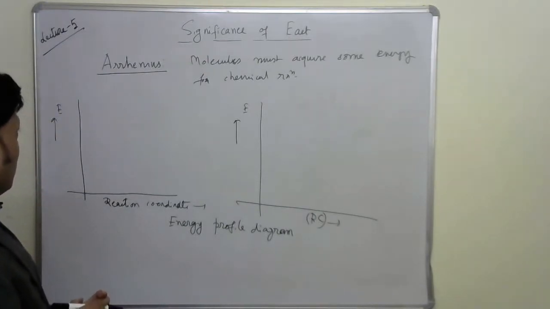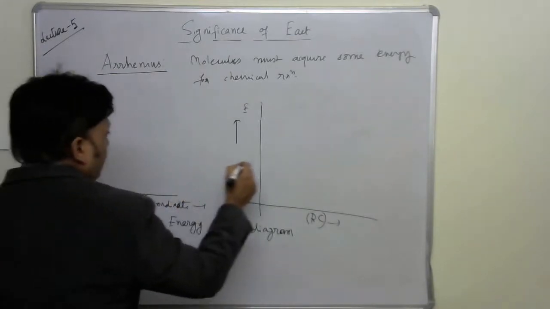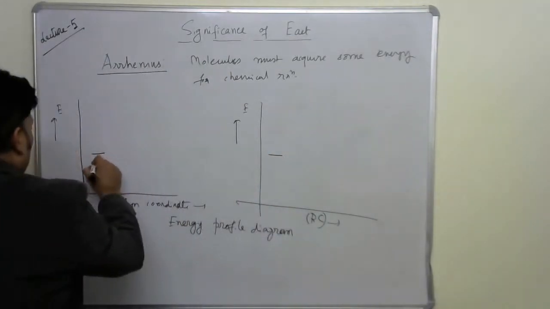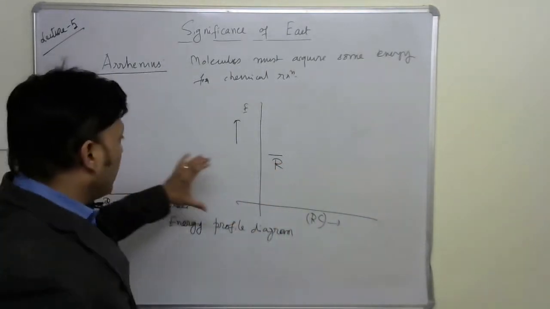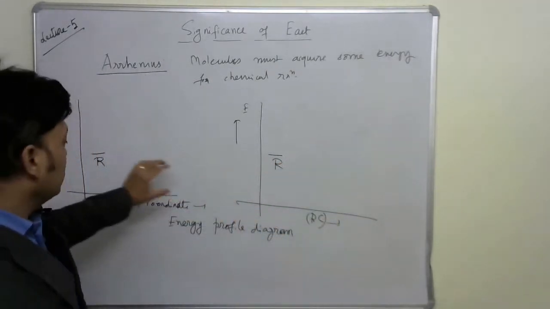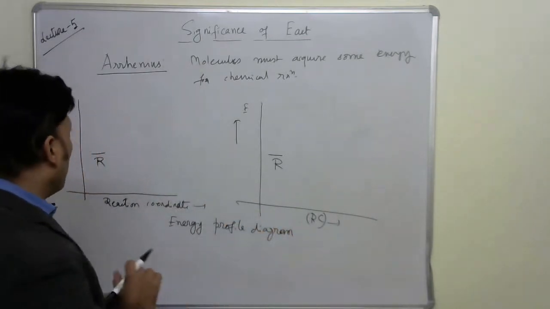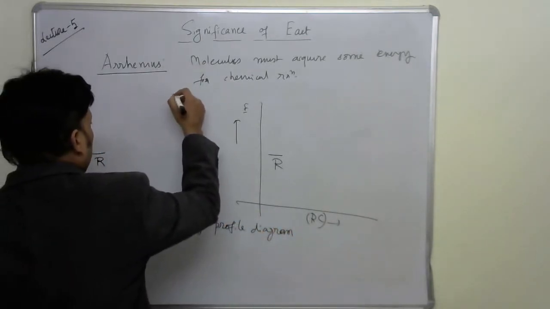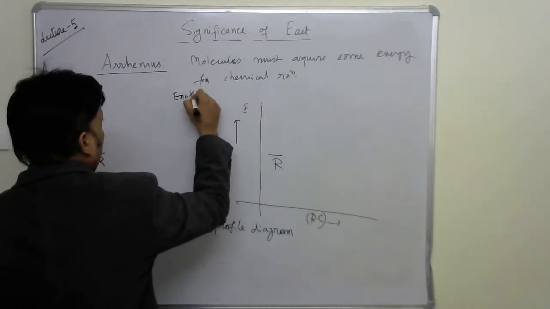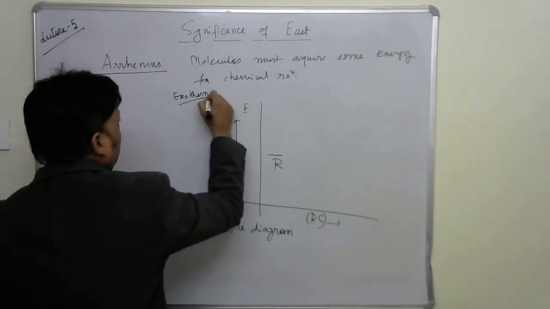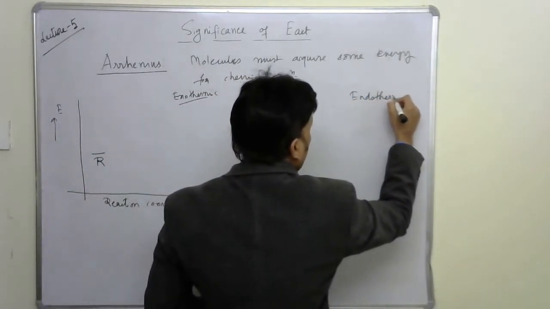Anyway, let's assume the energy of the reactant is here. So I write the letter R. This is the level of the enthalpy, delta H, of the reactants. And we have two scenarios. One we can call the exothermic reaction, and here we call the scenario the endothermic reaction.